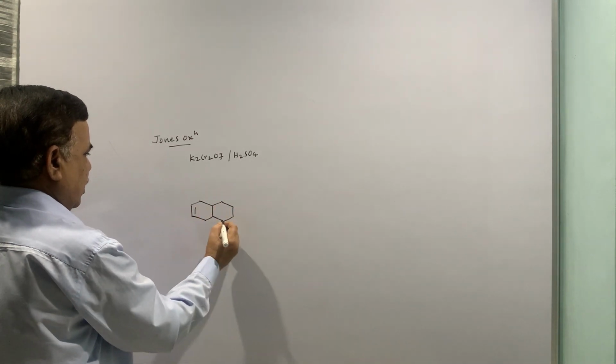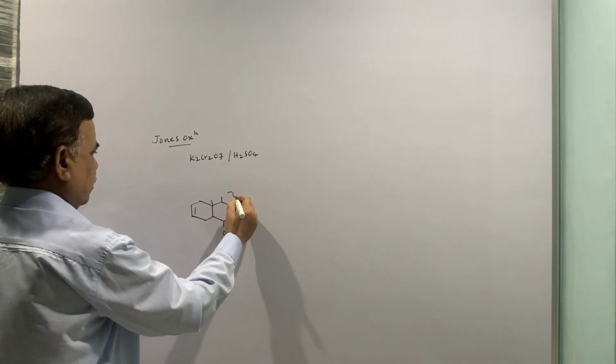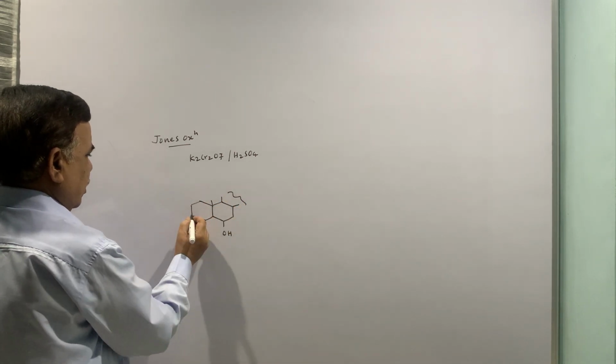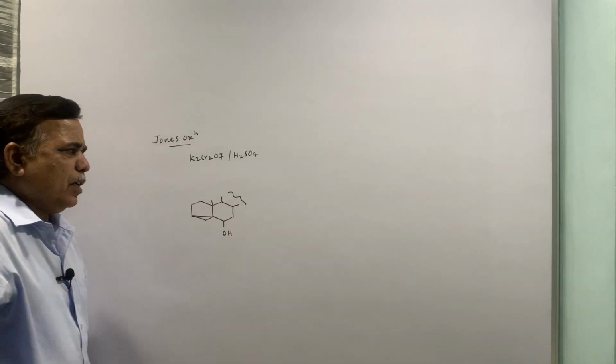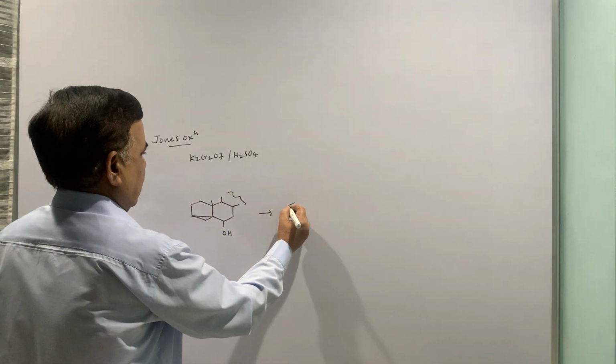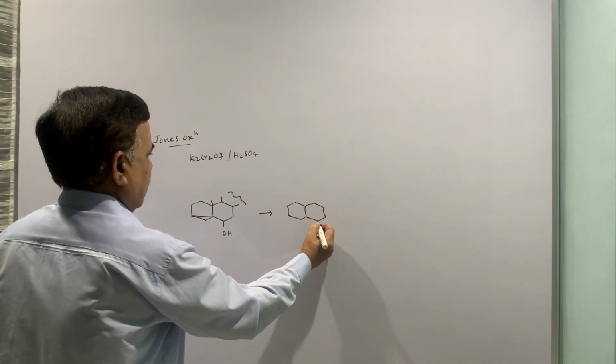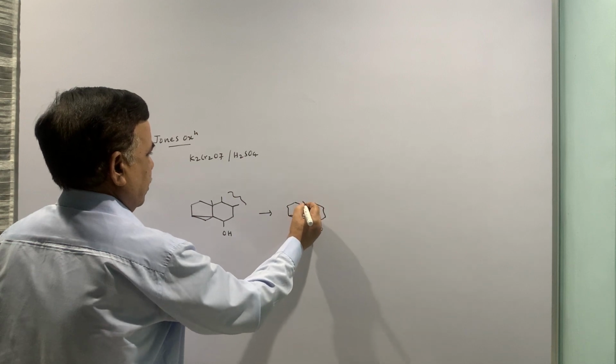So, I am putting one example here. Let me put some example of steroid. Now, I am not drawing this steroid there. Now, this is treated with Jones reagent and you get the product.